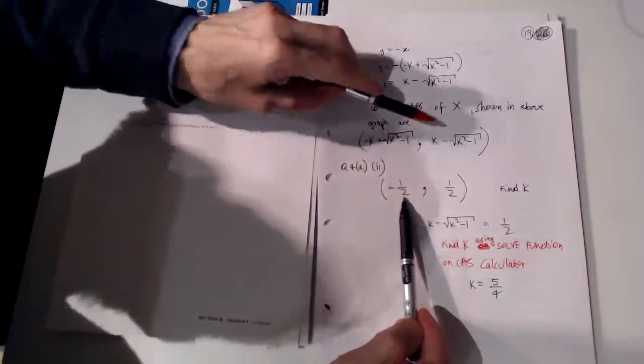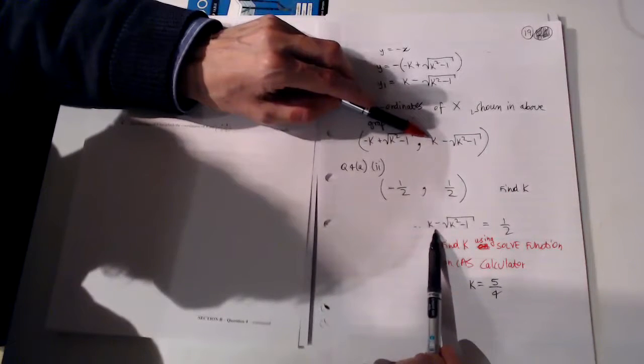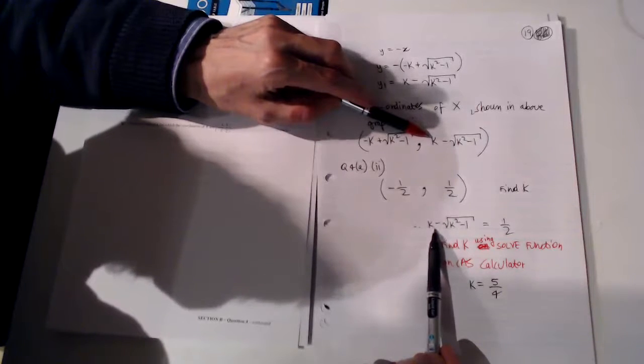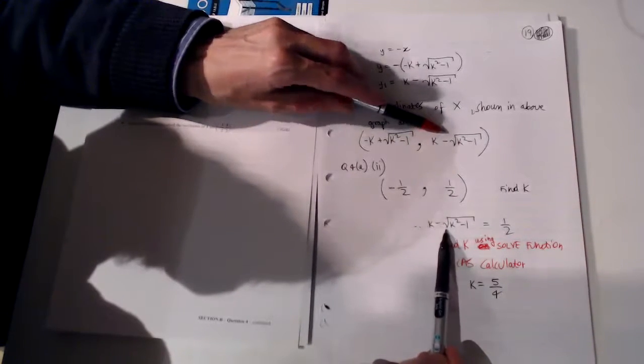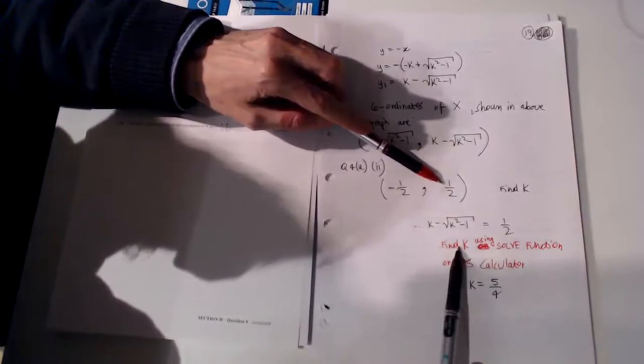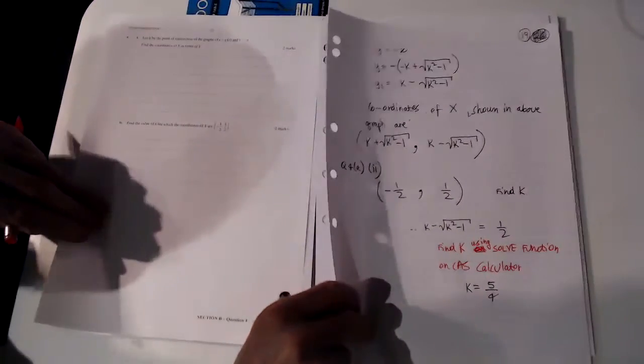Or, like a lot of us would do, and like I did here, you can use the y coordinate, which is all positive, which is great. So less negative, less confusing potentially. So k minus square root of k squared minus 1 is equal to a half. Find k using the solve function on the calculator, and k equals 5 on 4.